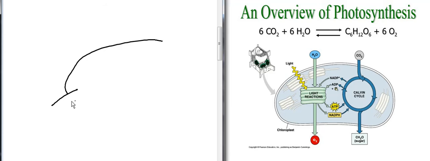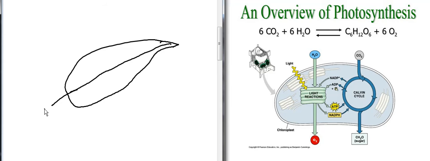Suppose this is your leaf. So the water is coming in through the root by ascent of sap.